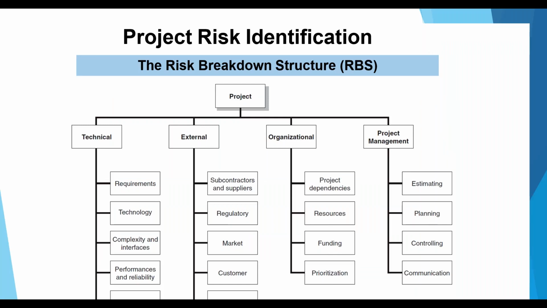One of the common techniques is the risk breakdown structure, which is usually used in construction projects, where the project can be broken down into different sections and subsections, different tasks or subtasks, so that you can have a wider picture of the different activities required to achieve the project.